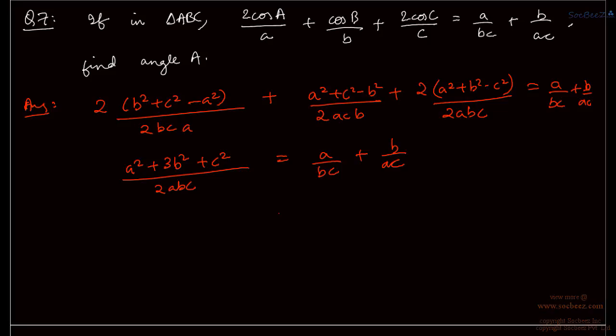Well, that gives me (a squared plus b squared) by abc. Fine. So I can now cancel the denominators, and what I have is a square plus 3b squared plus c squared equal to 2 times (a squared plus b squared).